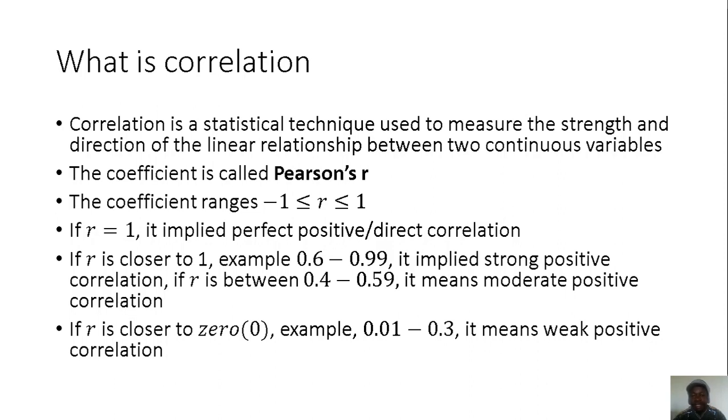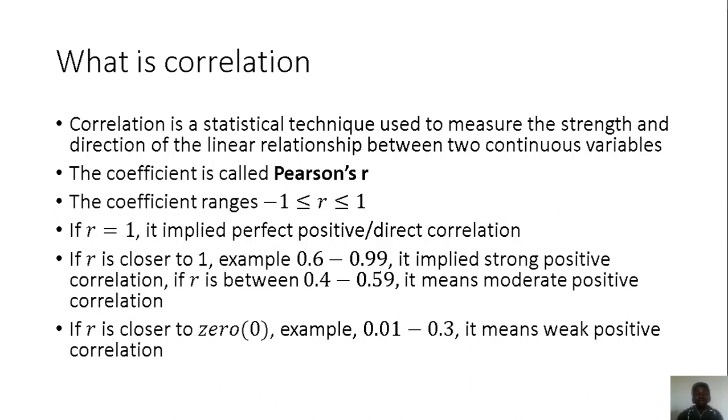So it measures the strength of the relationship. When we say the strength, is that relationship very strong or is it weak? That is what the strength is. And the direction is, is the relationship moving together or not? For example, when we say direction, maybe demand and supply. When we are taking demand with price, when the price of an item is low, the demand for it becomes high.